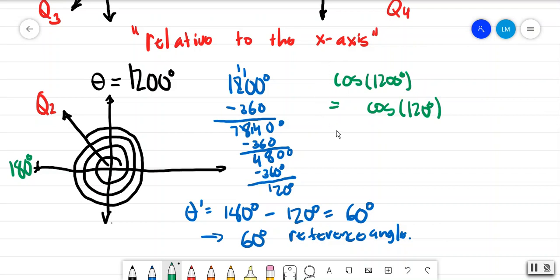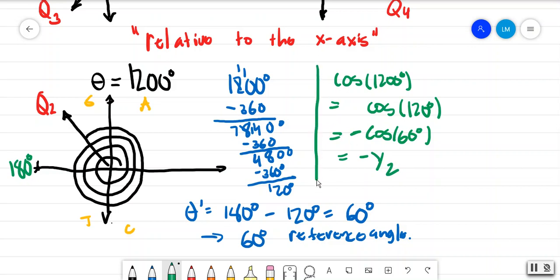Once you find the reference angle, this is easily cosine of 60 degrees. But where did it terminate? It terminated in the second quadrant, where, as we mentioned, all students take calculus, which means this wouldn't be positive but negative, so this would be negative 1/2.